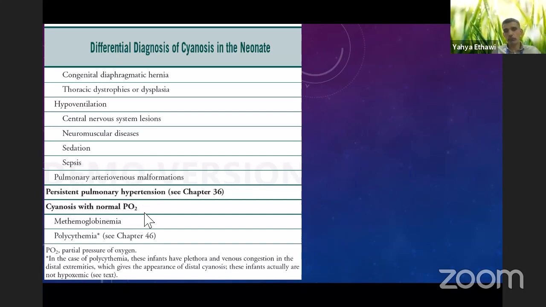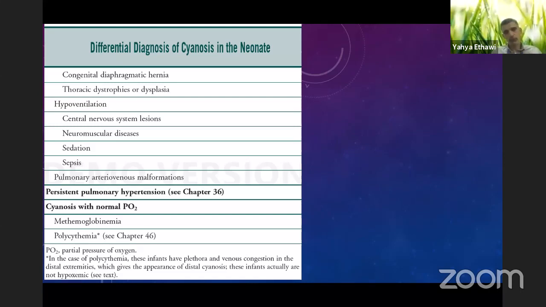Cyanosis can be due to abnormal hemoglobin, because remember, polycythemia can increase the level at which you will see cyanosis, and also methemoglobin, because remember the oxyhemoglobin saturation is only measuring the oxygen. So anything not carrying oxygen will be measured, including methemoglobin.